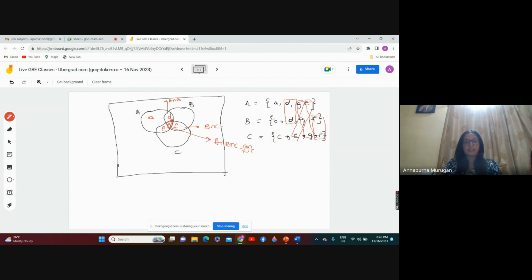In A we have the extra A, in B we have B, and in C it is C. See, set A is A, D, G, E. Set B is B, D, G, F. Set C is C, E, G, F. From this you can very clearly say that only in A it is A, only in B it is B, only in C it is C. In both A and B we have D, in both B and C, F, in both A and C it is E. Like this we need to build the Venn diagram.